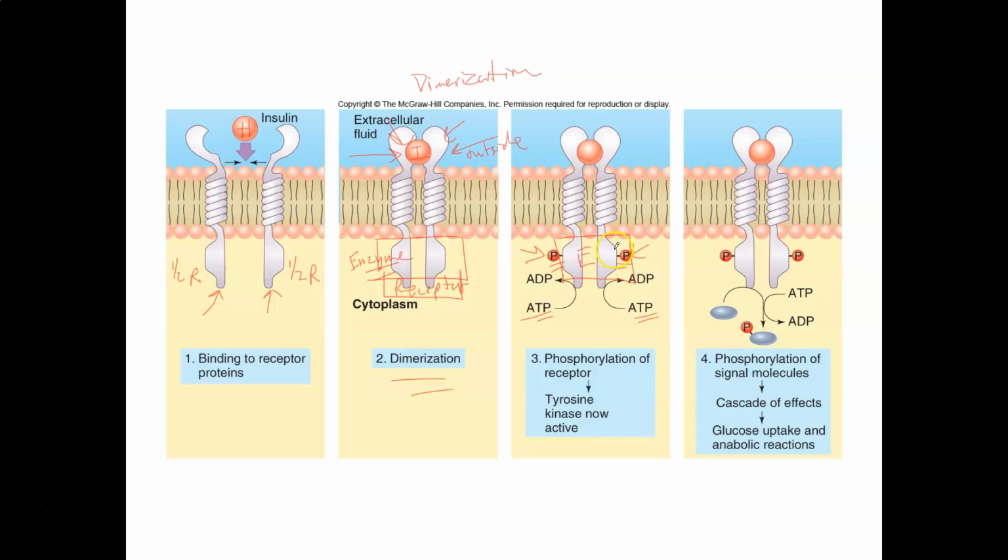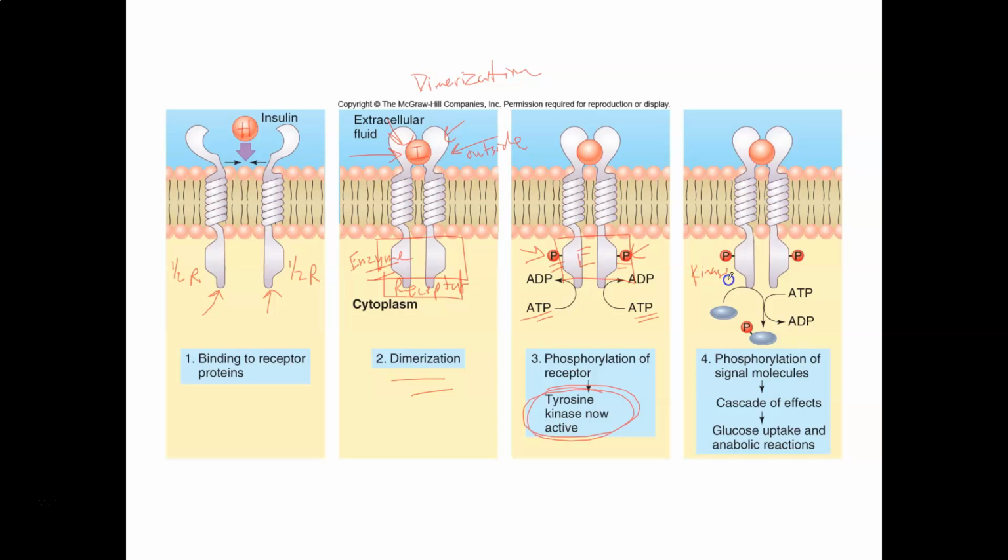And what that does is that makes the enzyme active. So the tyrosine kinase is now active within the cell when it becomes autophosphorylated. So it adds phosphate to itself. Once the enzyme becomes active, then it can go on to do the function of a kinase.